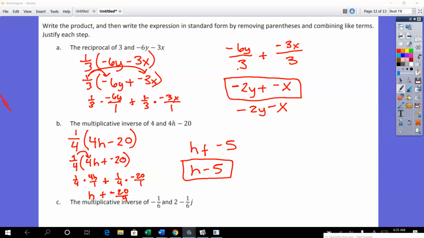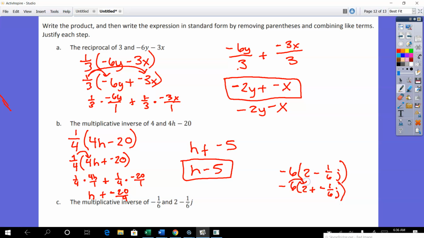Finally, the multiplicative inverse of negative 1/6. So the multiplicative inverse of negative 1/6 is negative 6 times 2 minus 1/6j. Negative 6 times subtraction, change it to addition, do the opposite, 1/6j.